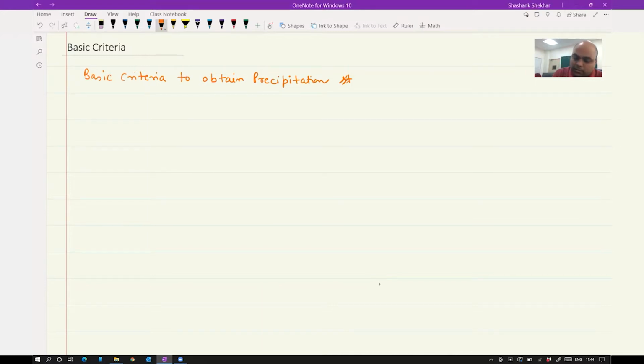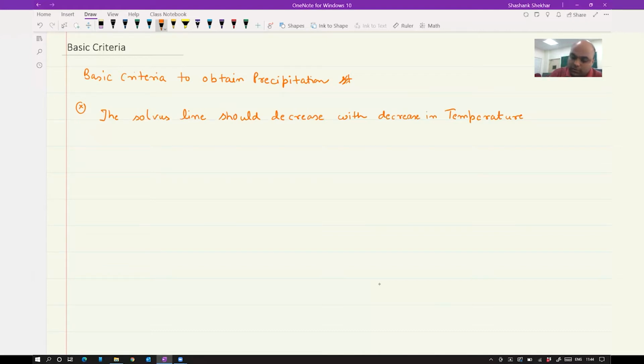One of the basic criteria is that the solvus line should decrease with decrease in temperature. I will explain this using a phase diagram.